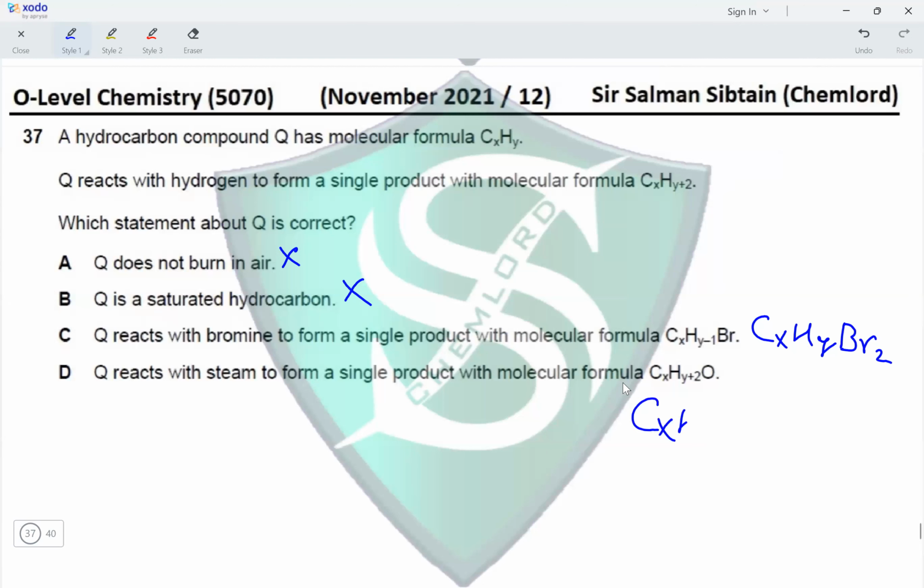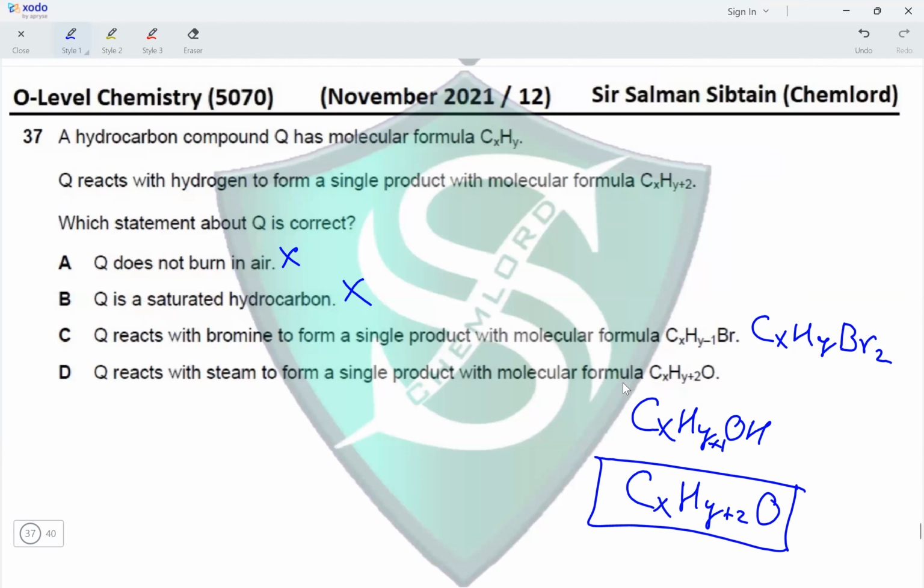Basically, we have CXHYOH forming. Since we have CXHYOH forming and we also have a hydrogen being added, that would become Y+1. So, if we add all the hydrogens together, we end up with CXHY+2O. So, CXHY+2O is the correct general formula for the product formed. This makes option D the correct option for this question.